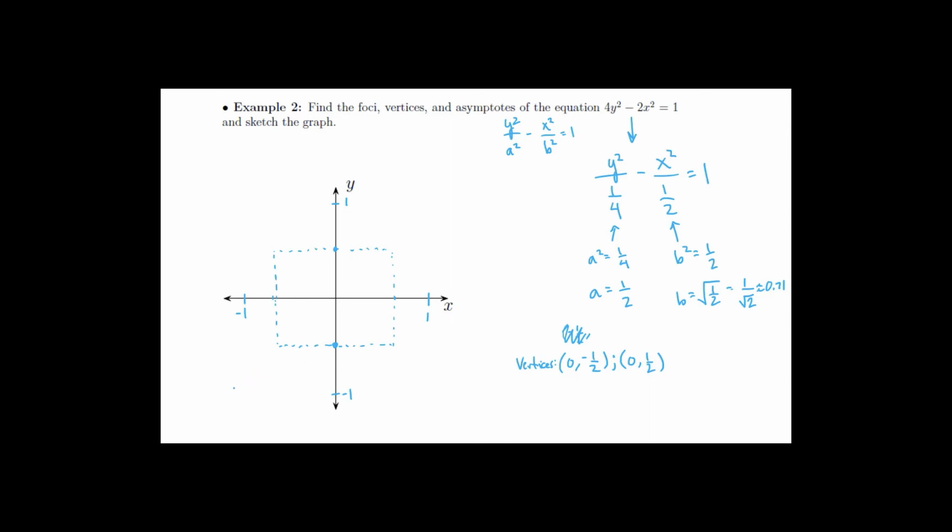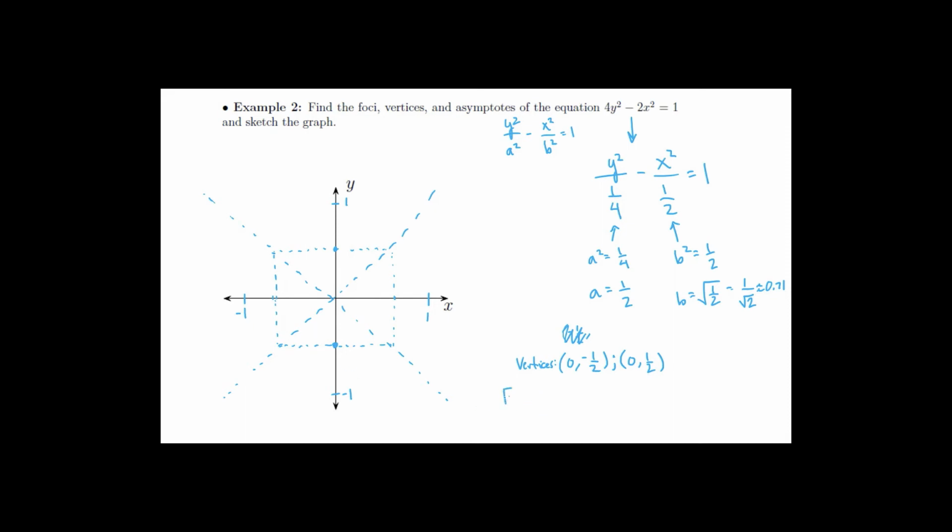And we can sketch the asymptotes here through the corners of our box. All right. And then let's talk about our foci.